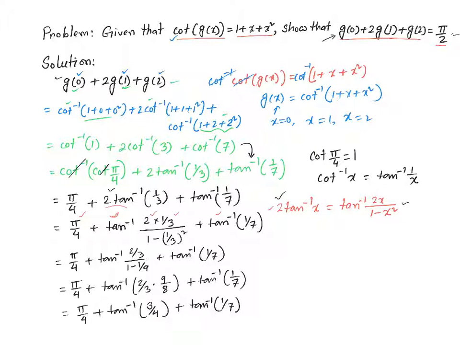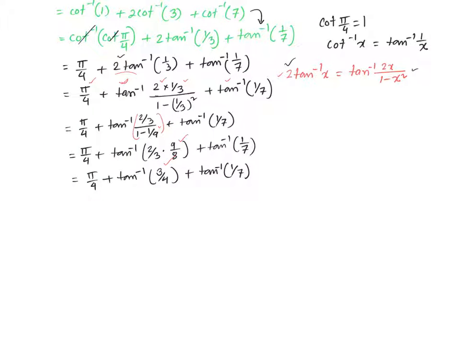Now what I have done, I have simplified it. 1/3 square is 1 over 9. So if I simplify this portion, I get this, and which finally comes down to this. Now at this point, I am going to use another formula to combine these two tangent inverses. Remember the formula that says tangent inverse of x plus tangent inverse of y is equal to tangent inverse of x plus y over 1 minus xy.